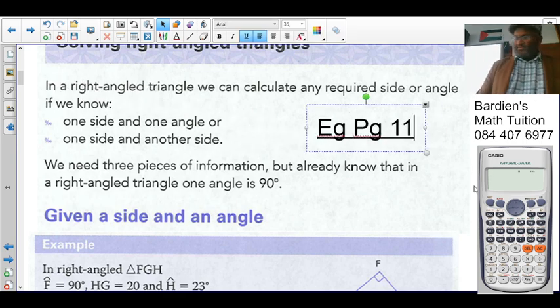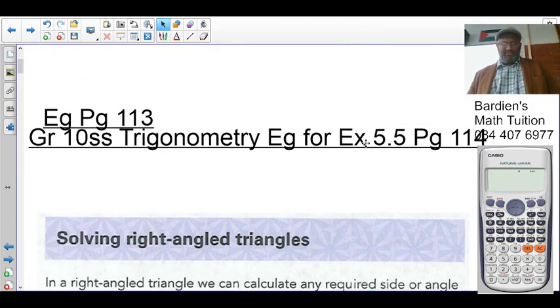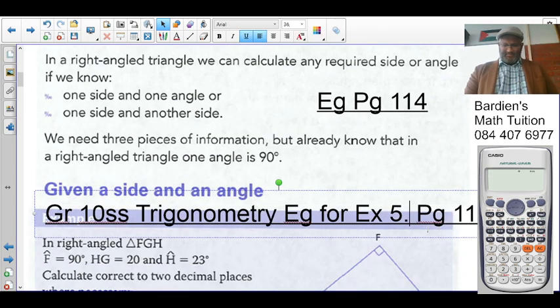These examples are on page 114, and the exercise is exercise 5.6, on page 116.